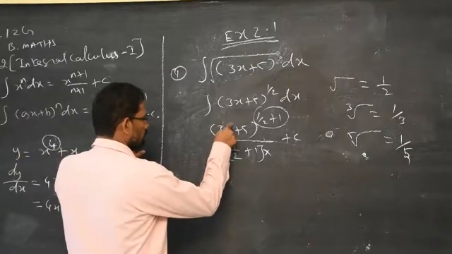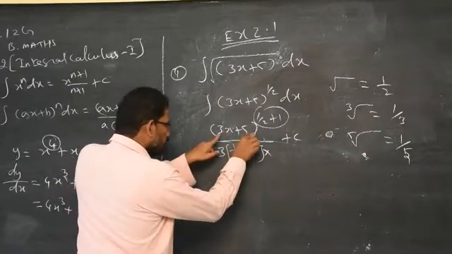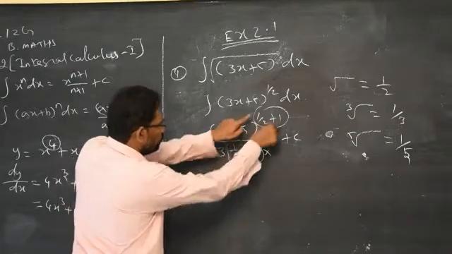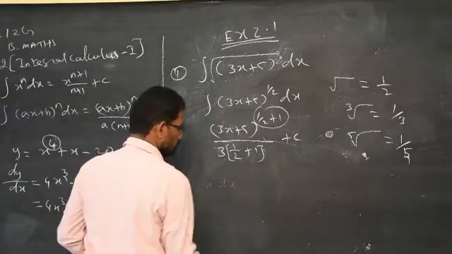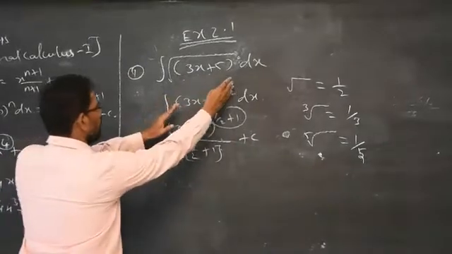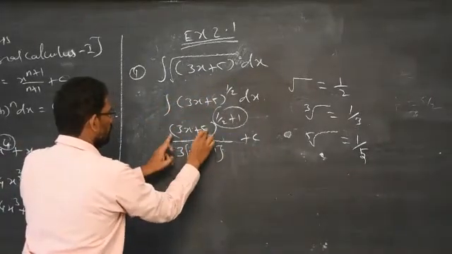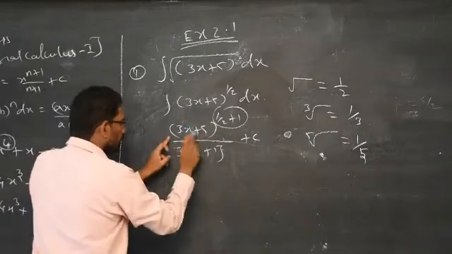What is the number along with x over here? 3. That is 3. It's not that you have to differentiate and write here. Differentiation of 3x is what? 3. So 3 into the power. That's the difference. Clear? So if you have any constant along with the variable x, you do as usual, add 1 to the power, then multiply by the differentiation of the function inside the bracket, not outside, inside the bracket.